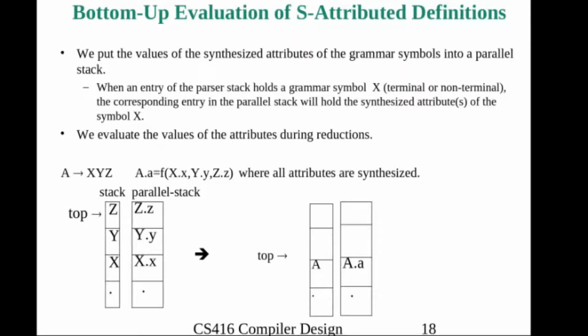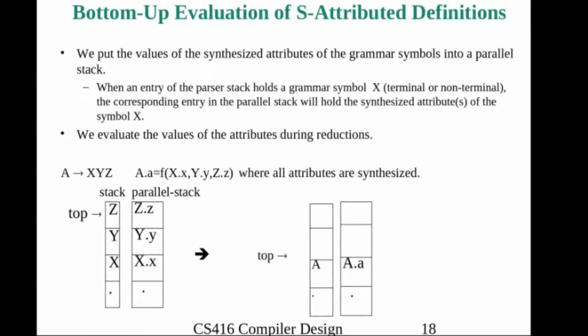In shift reduce parser, we have seen that there is an input string, one stack, a parsing algorithm, and a parsing table, and it produces the output based on the current input symbol and stack.